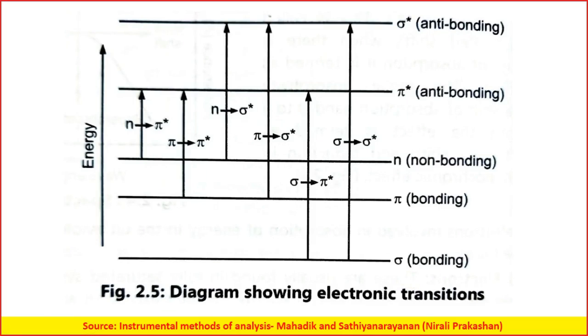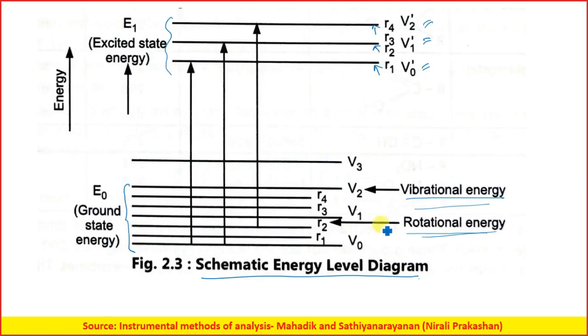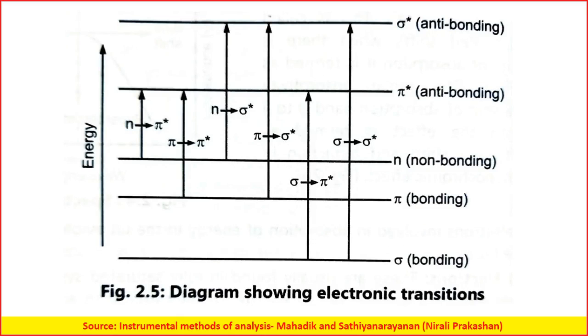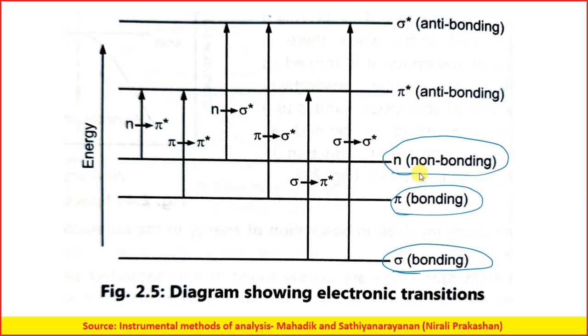Now what does this say? If you see, there were three levels, V0, V1, V2. The lowest one is for the sigma electrons. Pi is for pi bond electrons, sigma for sigma bond electrons, and n is for non-bonding electrons.